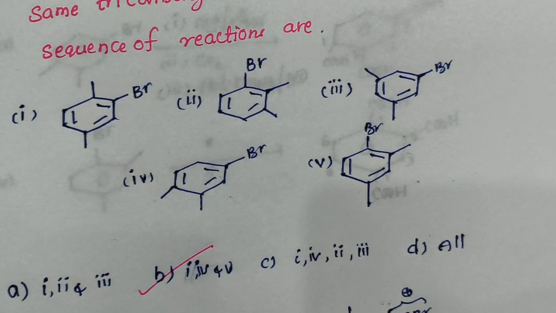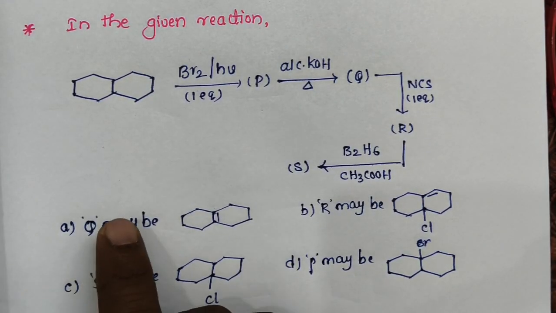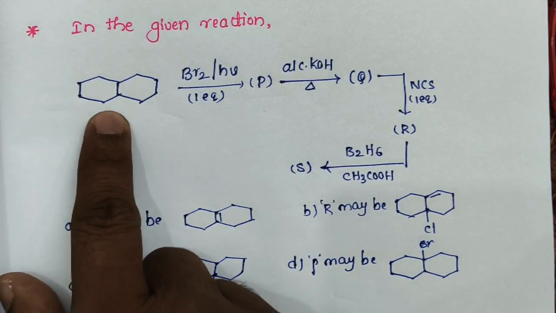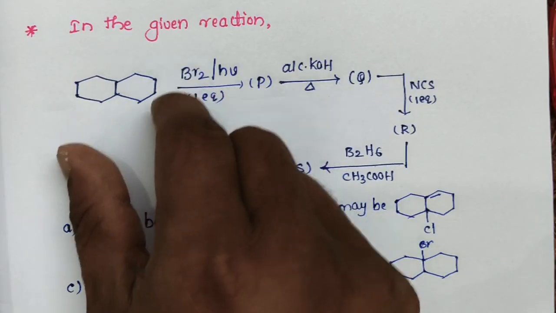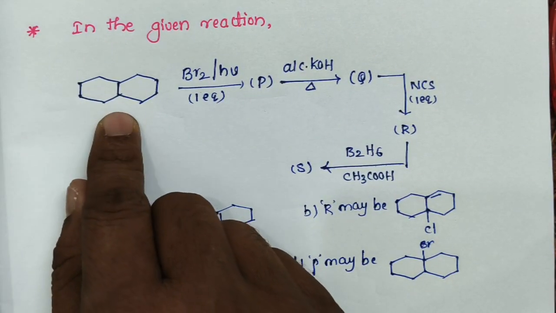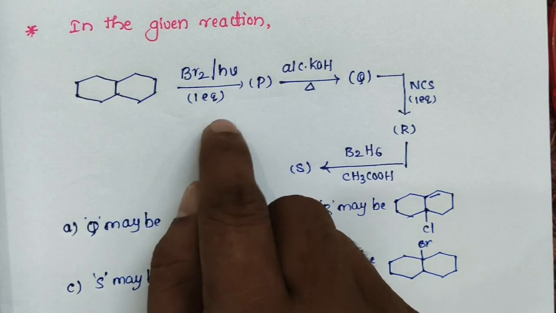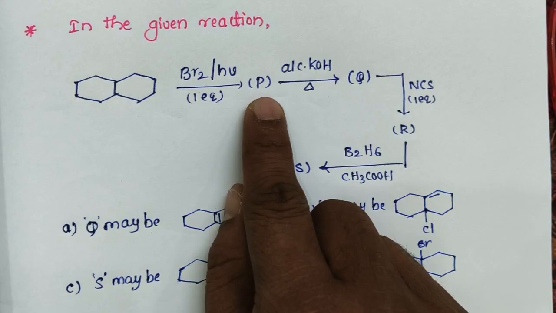The next we will discuss another question that is also very very important. Once observe this reaction. In the given reaction, this one is a fused form of cyclic rings only. So in these two, in the presence of the first condition, bromine in the presence of H nu, one equivalent, it gives here P as the product.